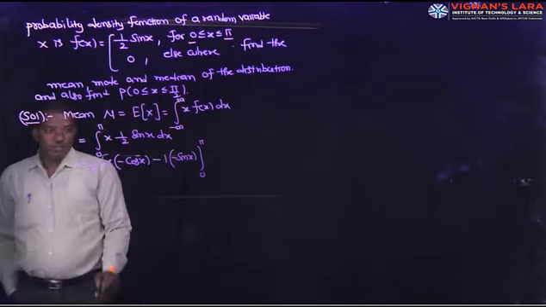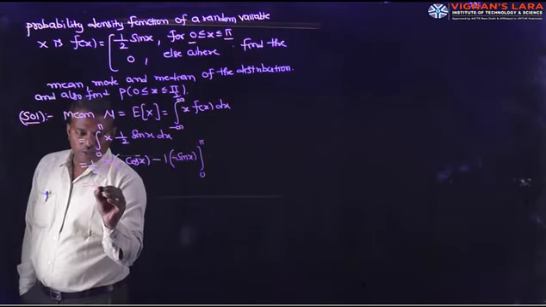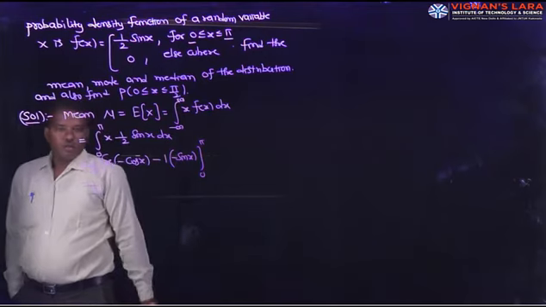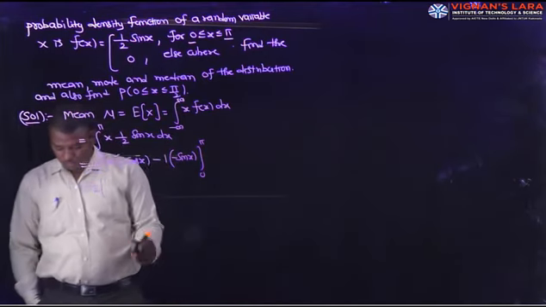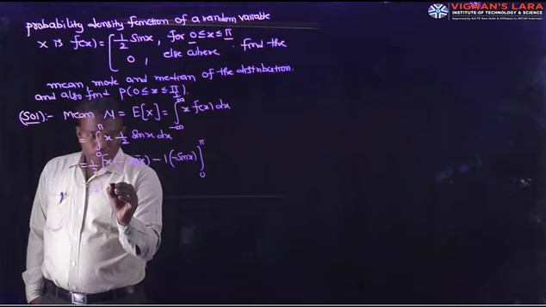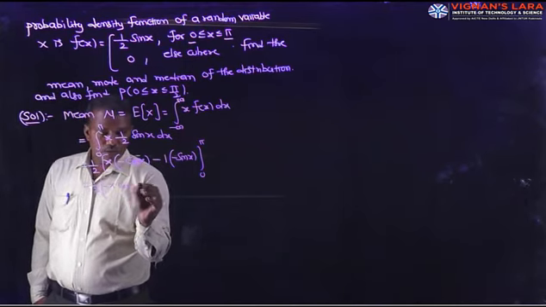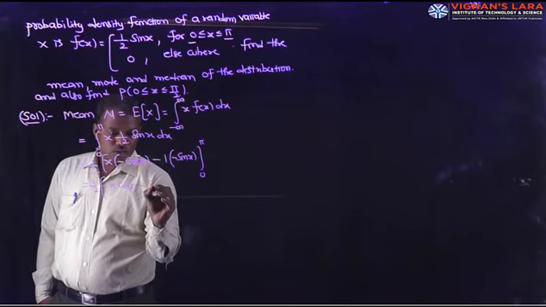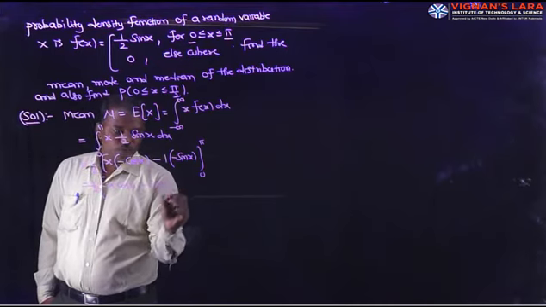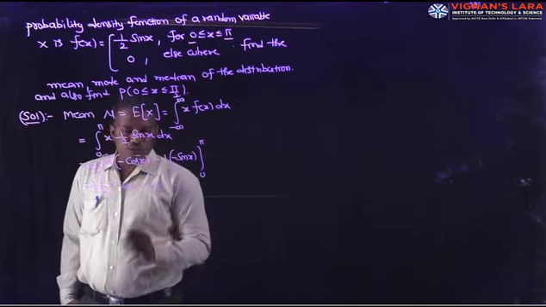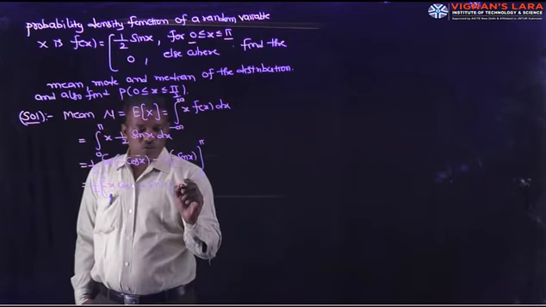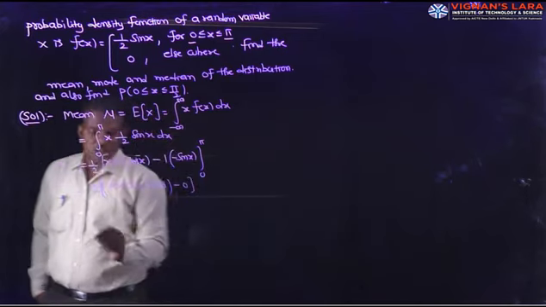In between 0 and pi, that equals 1 by 2 into [-x cos x + sin x] with upper limit pi and lower limit 0. At x equal to 0 it is 0, sin 0 is 0, and sin pi is also 0.